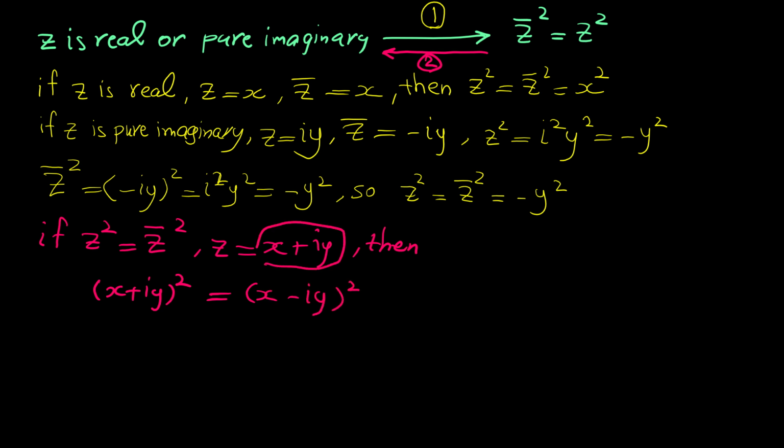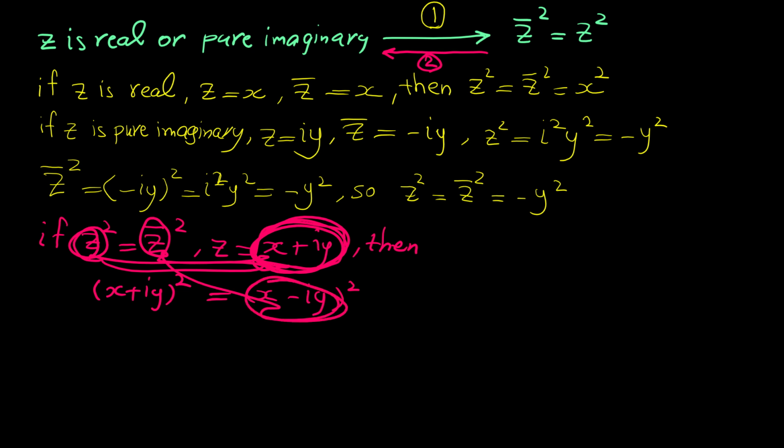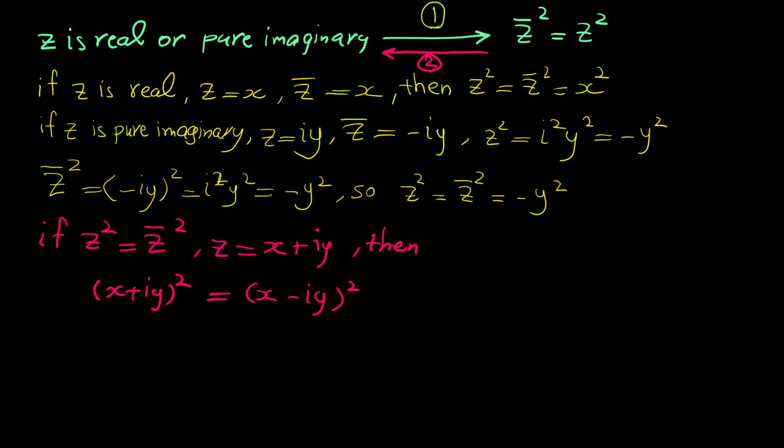So I replace this in Z, and because Z is this, Z conjugate would be x minus iy. Now let's simplify this. Let's raise both sides to the power of 2. x plus iy to the 2 is x plus iy times x plus iy.